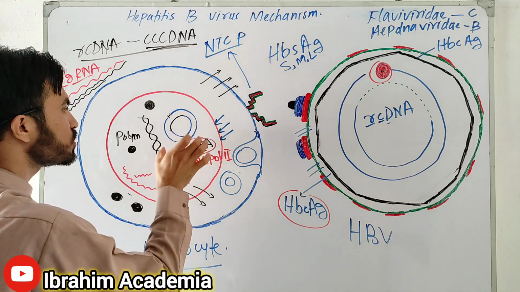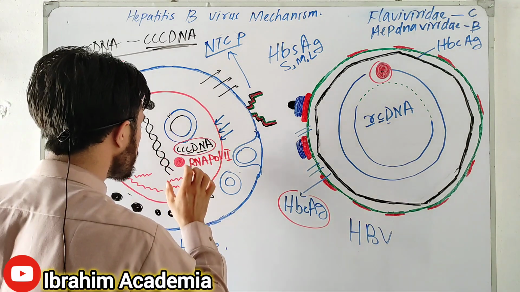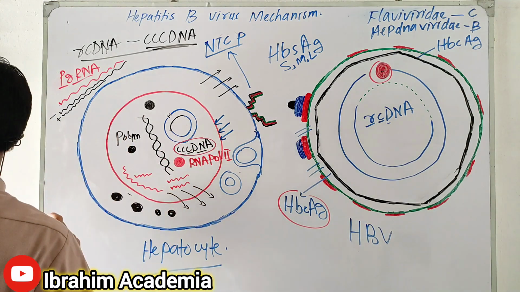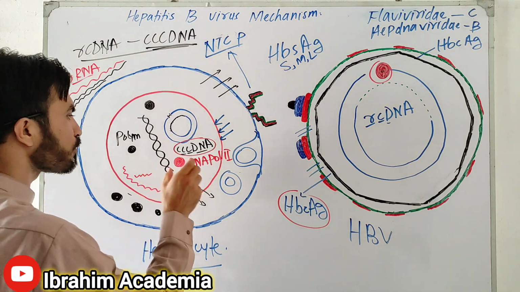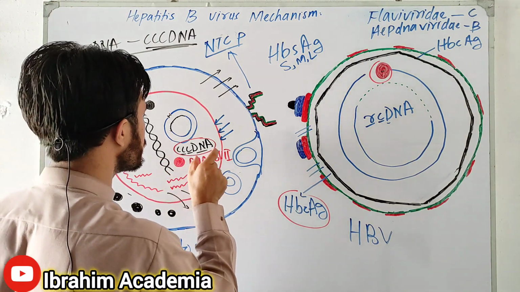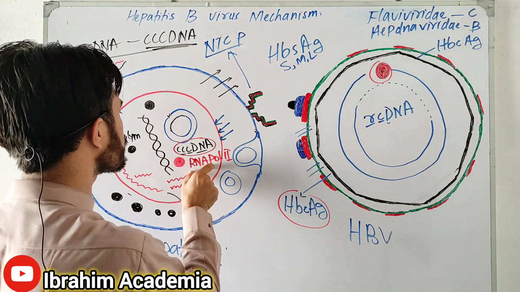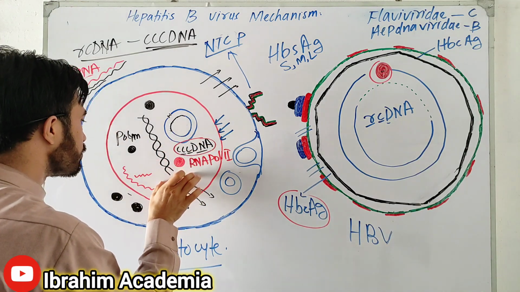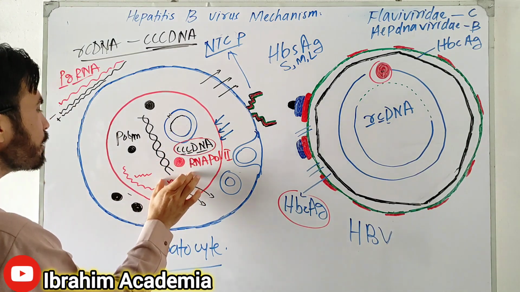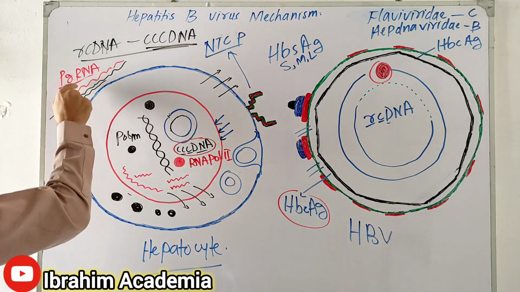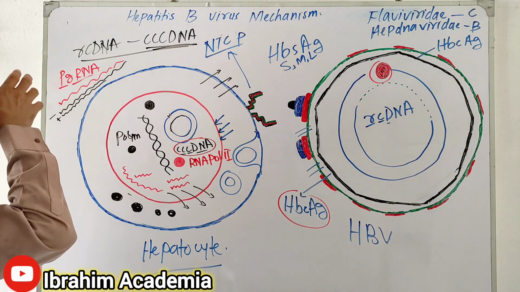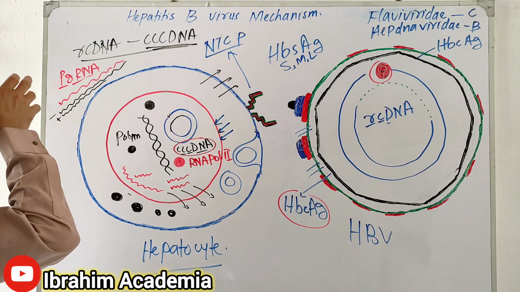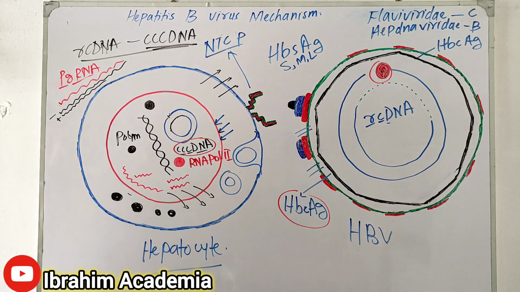After the cccDNA, there will be transcription of multiple RNA molecules, and for that there is RNA polymerase II, which is my own enzyme. This will come and transcribe the RNA molecules, messenger RNA plus the pgRNA. This is a very important RNA molecule that could be used for the new virions.